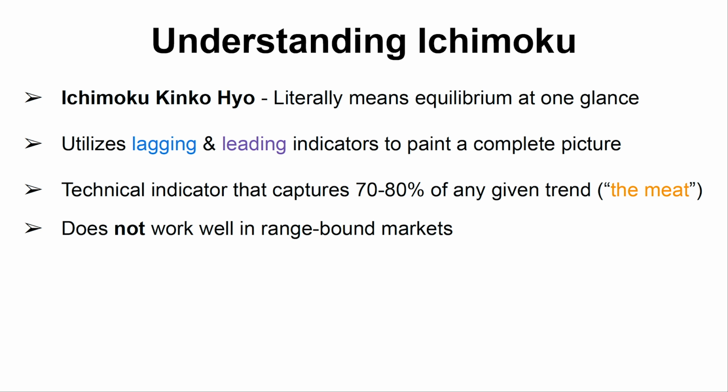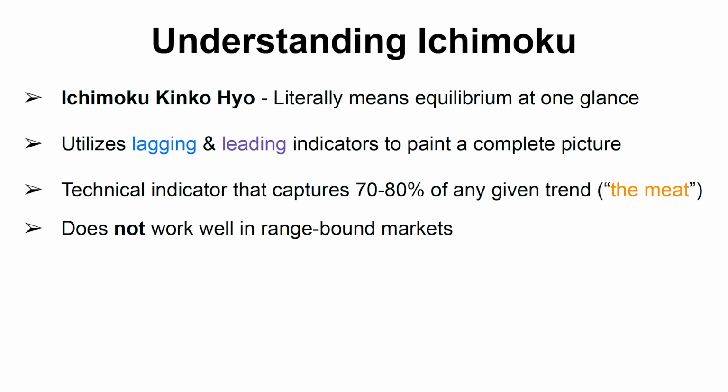Before I get into the components of Ichimoku, I want to draw your attention to the last bullet point. Ichimoku does not work well in range-bound markets. This is a trend-following system, and therefore it is prone to giving many false signals in a market that is stuck in a consolidation range.